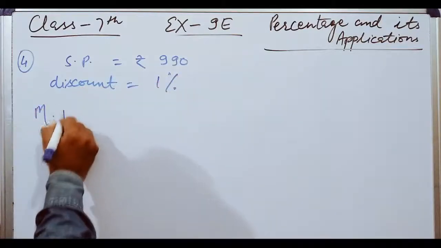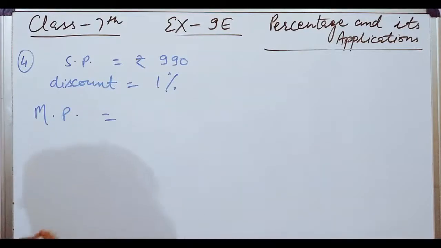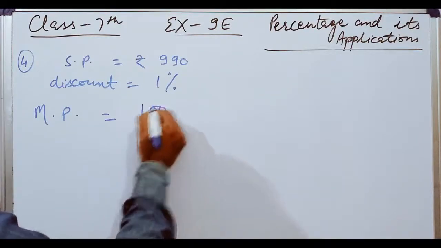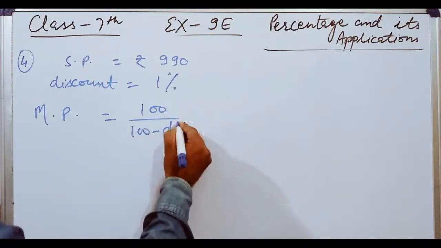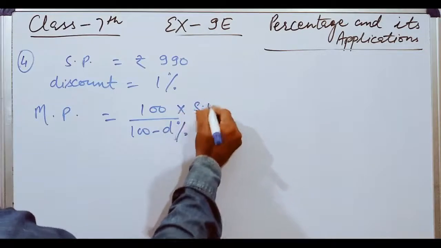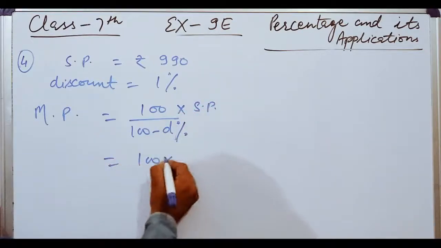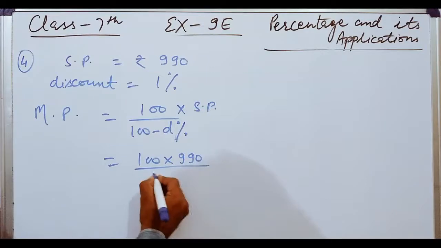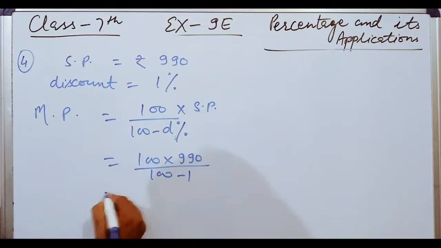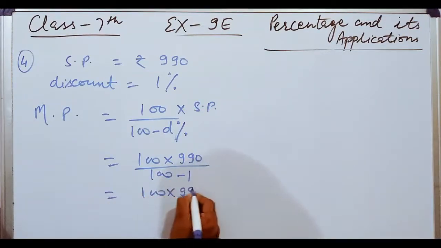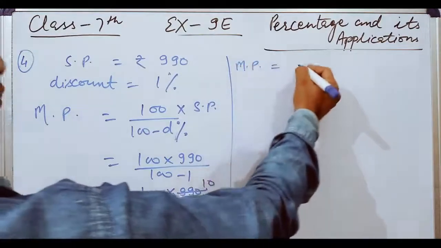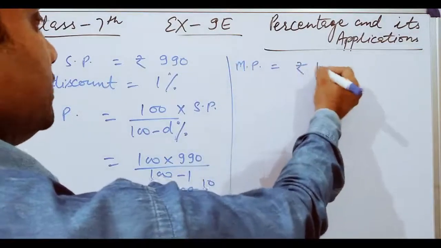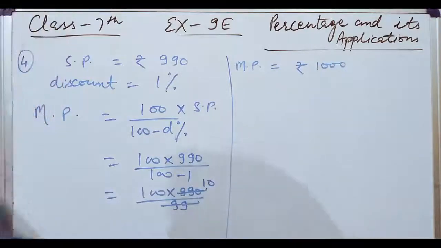Then MP equal to 100 upon 100 minus discount percent into SP. 100 into 990 upon 100 minus 1, then 100 into 990 upon 99. Then MP, mark price, equal to rupees 1000.